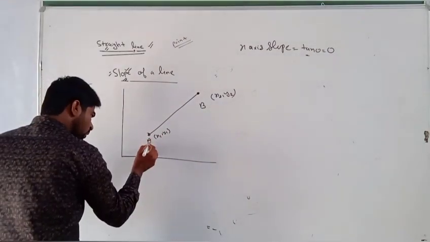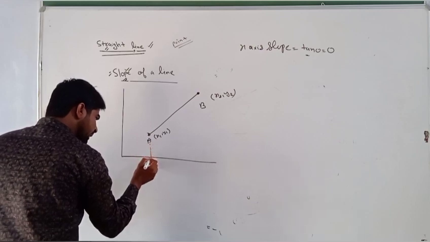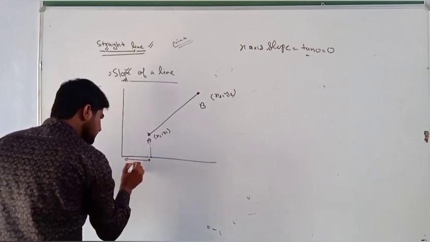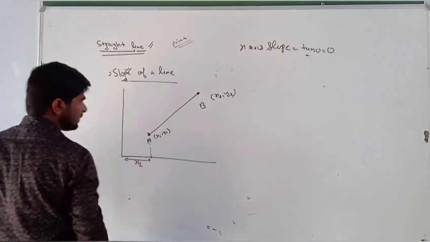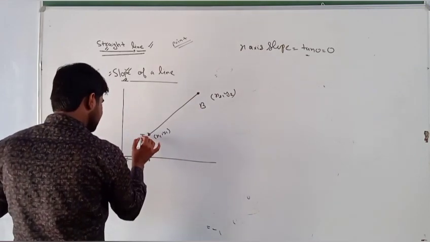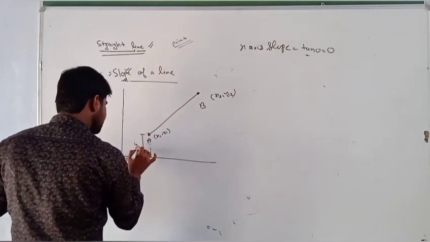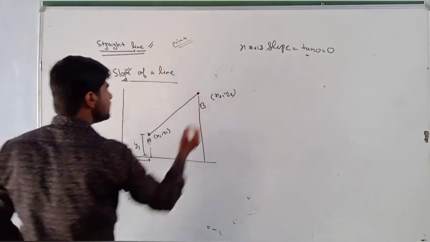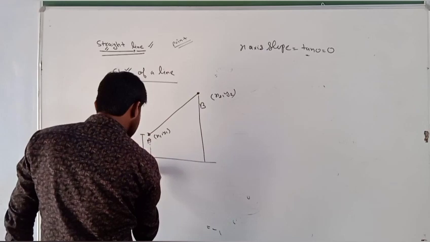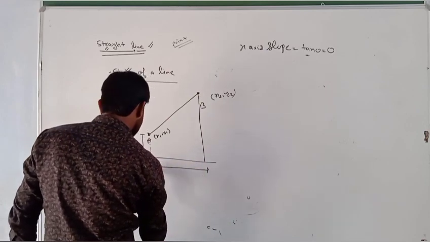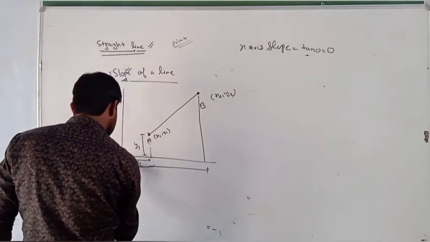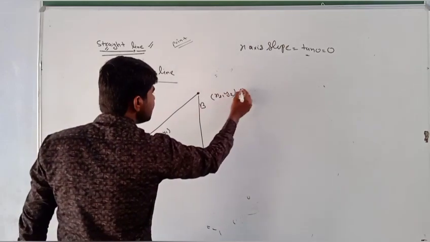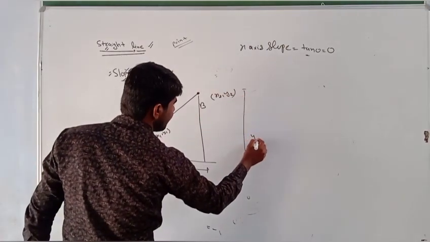See, on this point the value of this distance will be x1 and this distance will be y1, and on that point this distance will be x2 and this distance will be y2.